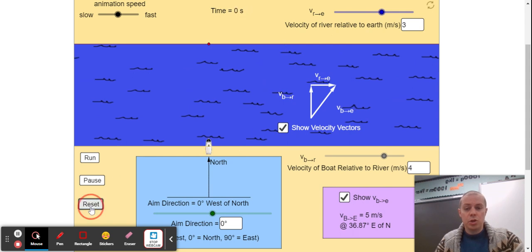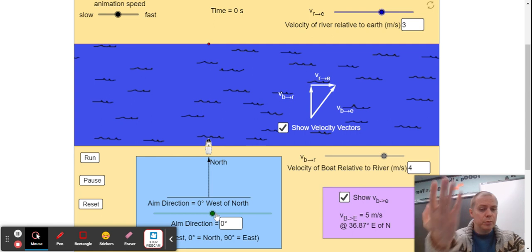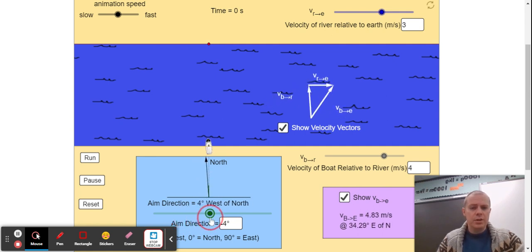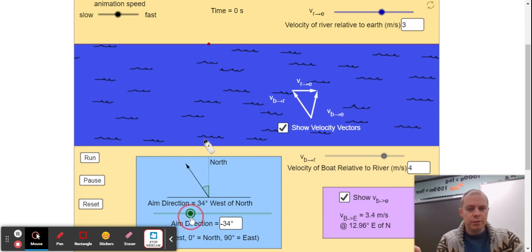In order to get straight across the river, I'm going to have to turn into the current and let the current kind of push me back, right? So you can see here, I can change the angle of launch, and you can see how the vectors shift, right?